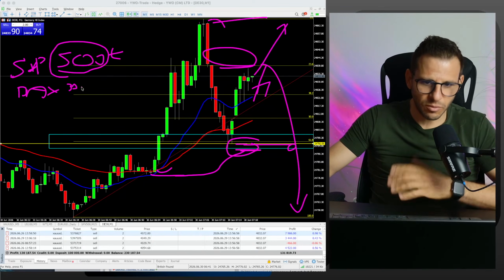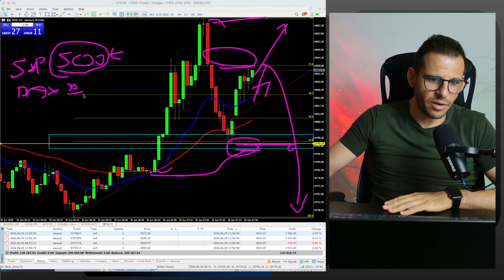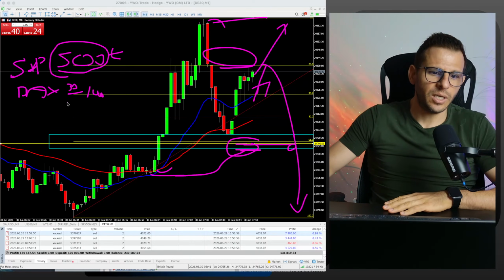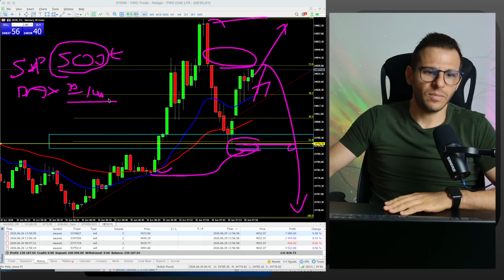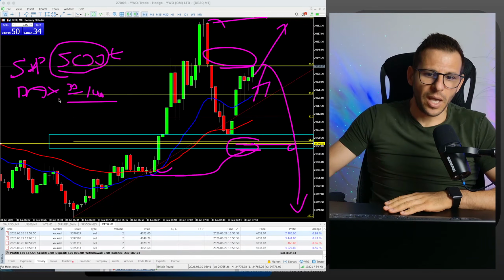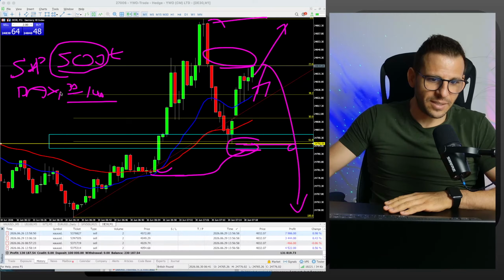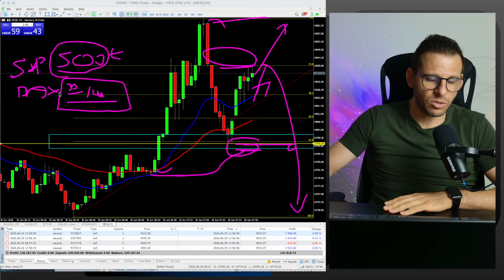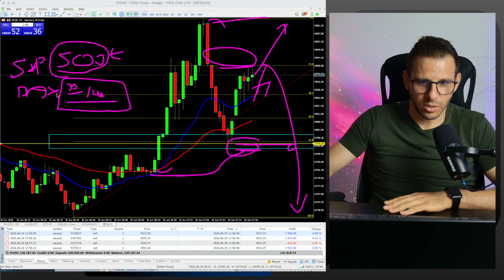DAX 30 or DAX 40 are the 30 or 40 biggest companies in Germany, and they are listed as an index on the stock exchange in Frankfurt.